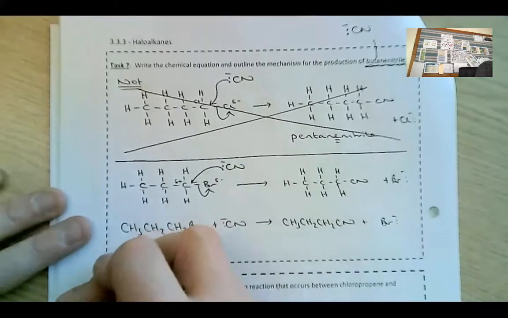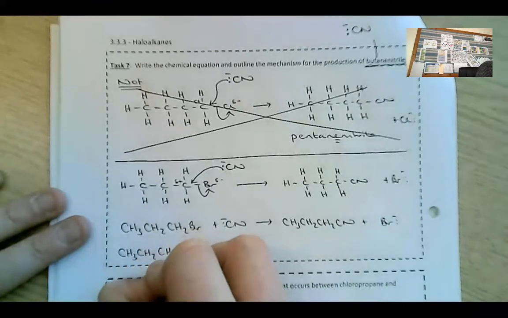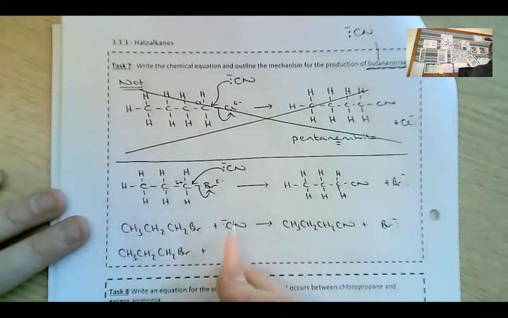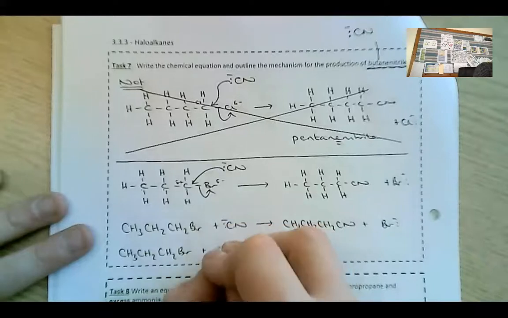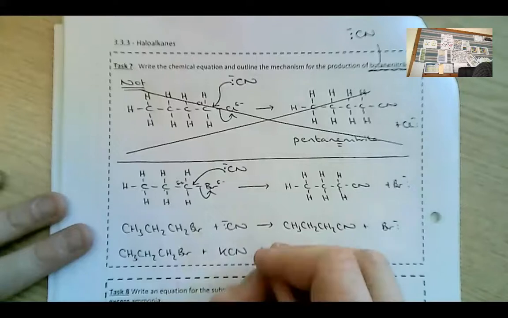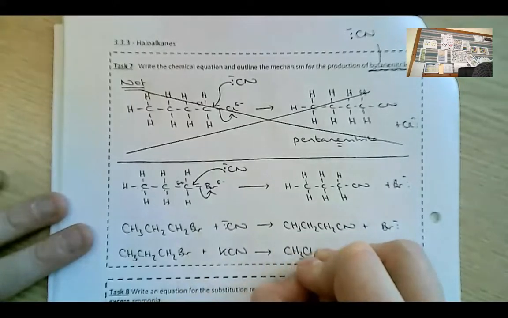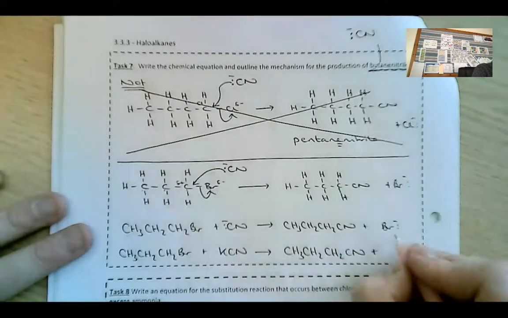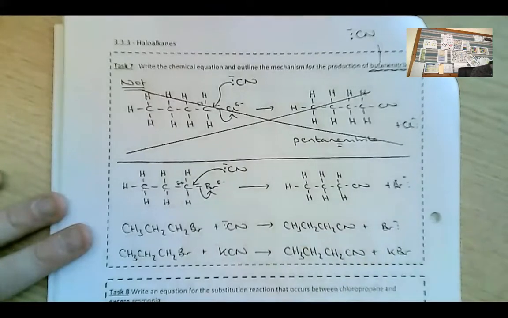Alternatively, though, for your equation, rather than putting CN minus, you could put the reagent. So if you remember, the cyanide nucleophile can come from potassium cyanide. So rather than writing CN minus, I could put KCN, which is absolutely fine. I just need to remember that in my product, rather than kicking off a bromide ion, I would make KBr, potassium bromide.